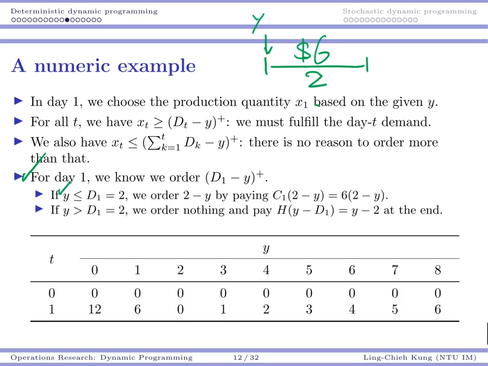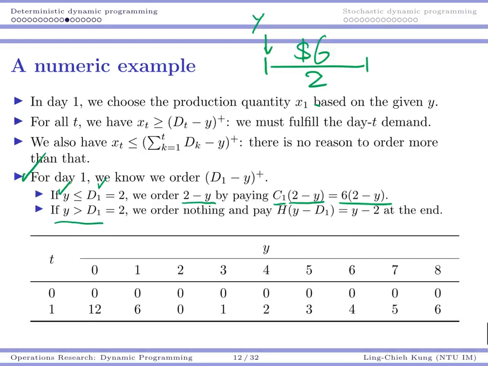If our initial inventory Y is less than or equal to D1, then we're going to order 2 minus Y units. If Y is 0, we order 2 units. If Y is 1, we order 1 unit. And given our order quantity, we pay 6 times (2 minus Y). That's our cost for the first case.